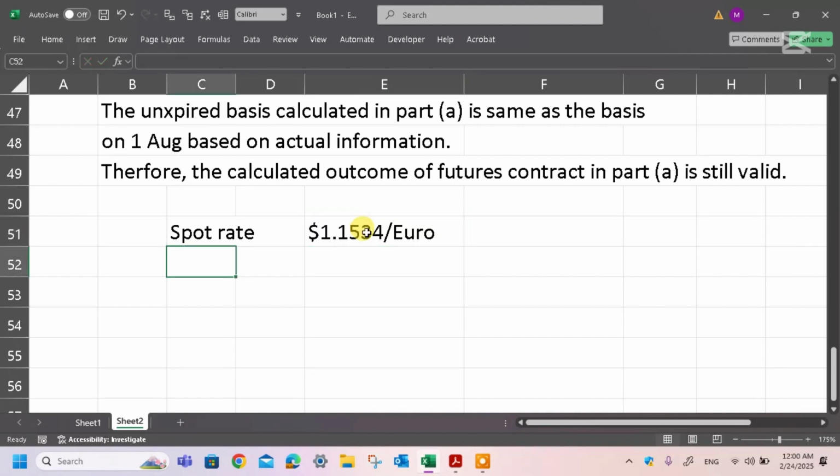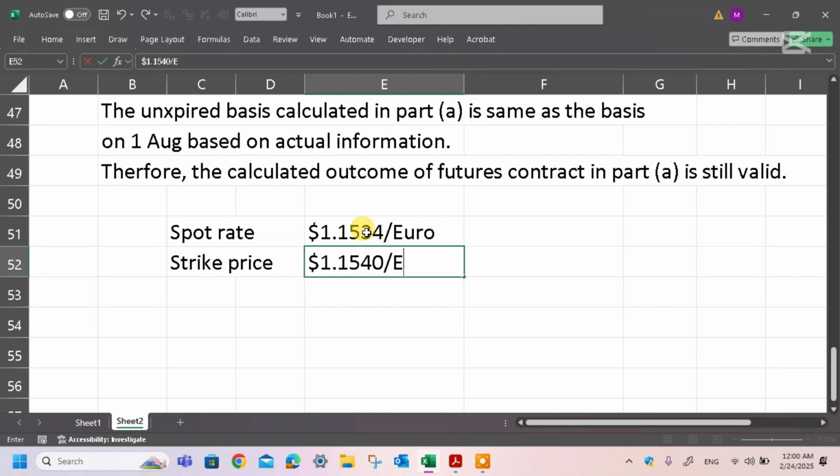That's the spot rate. Whereas the strike price or exercise price is $1.1540. So definitely the spot rate looks better. So we can say the option will not be exercised.